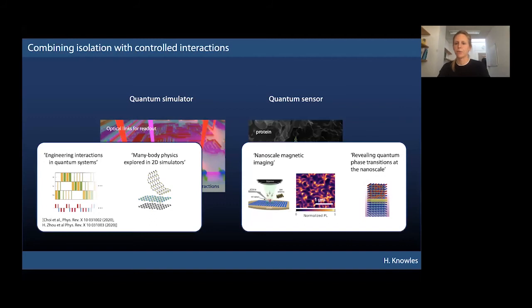And then there's the quantum sensor side of things that we spoke about earlier.